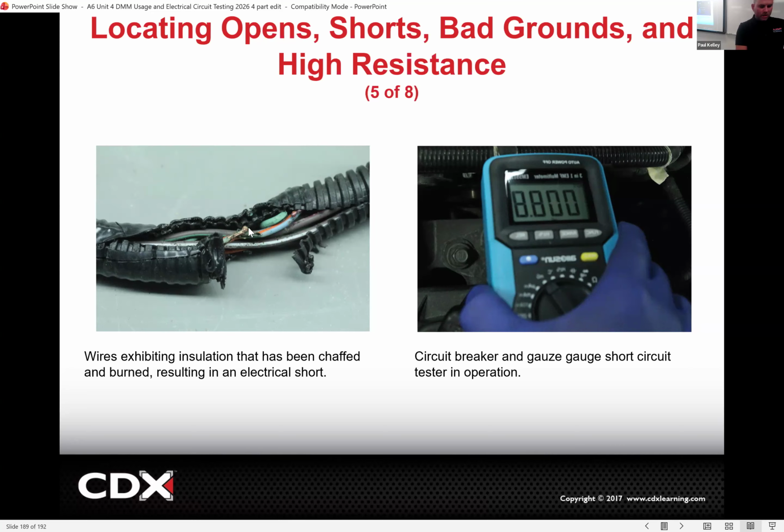That ruined the insulation, and then it got corroded, which added resistance, right? Or this one, you could barely tell, but that one's kind of green, that one's corroded. Or if a wire is completely cut, that would be an open, right? So if you test for a high resistance, you're probably looking for corrosion or loose connections. If you test for an open, the wire's probably literally broken in half. You can find both. Cool.